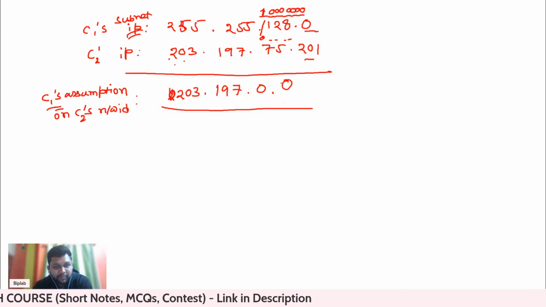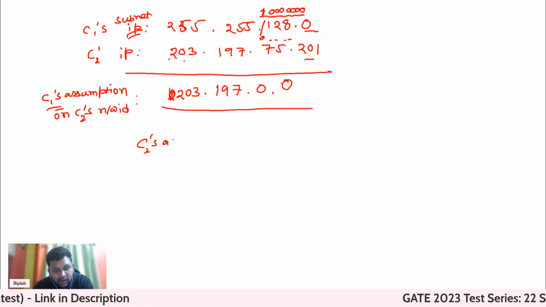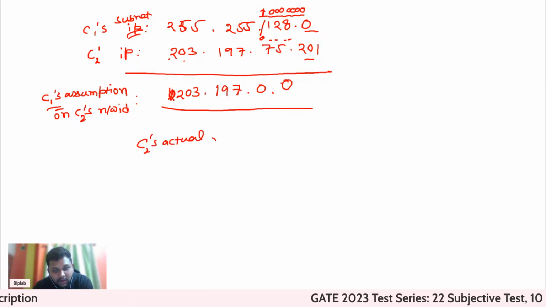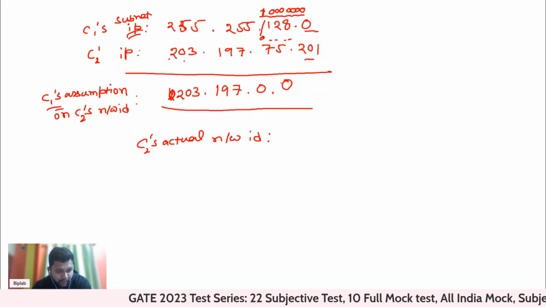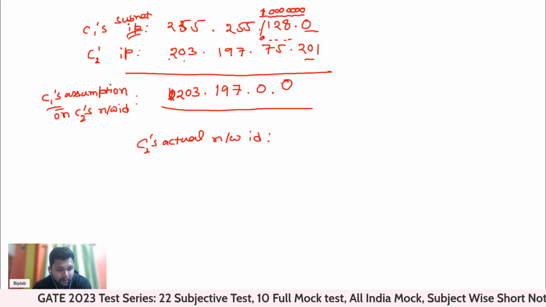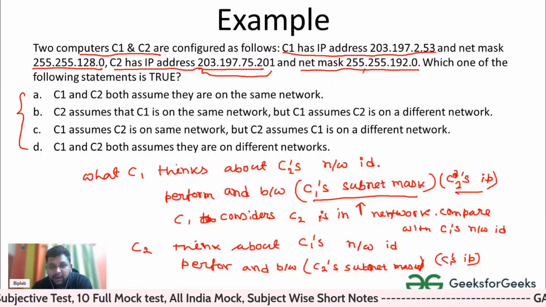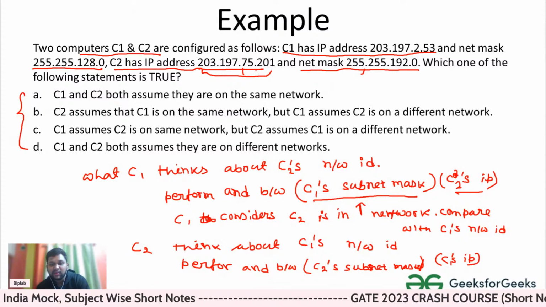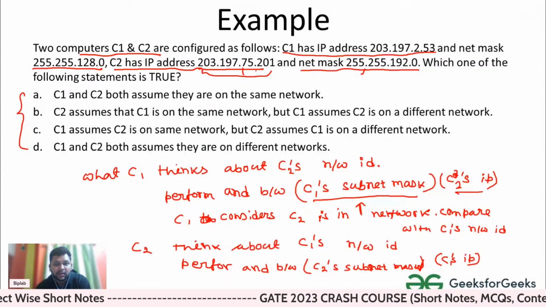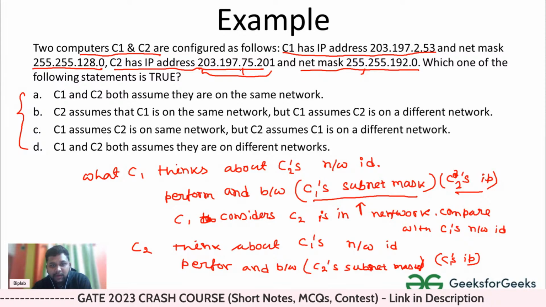Now what is C2's actual network ID? You can get the actual network ID by performing AND of the netmask and IP address of C2. C2 knows what its own network ID is, so you can perform AND between these two.